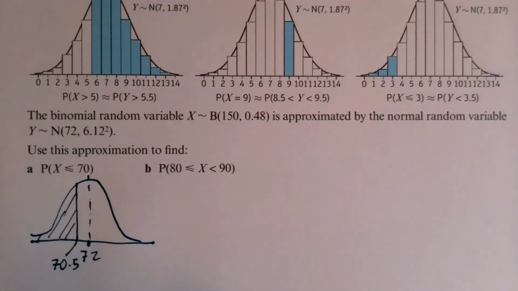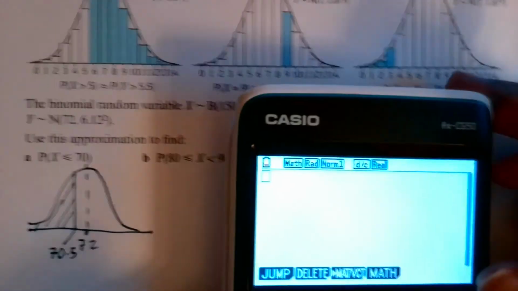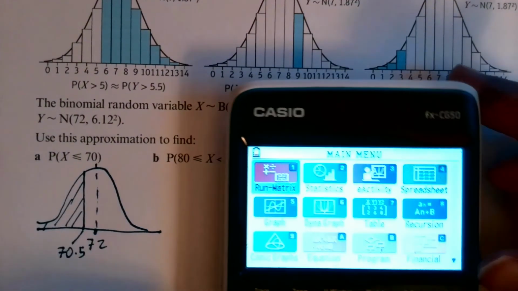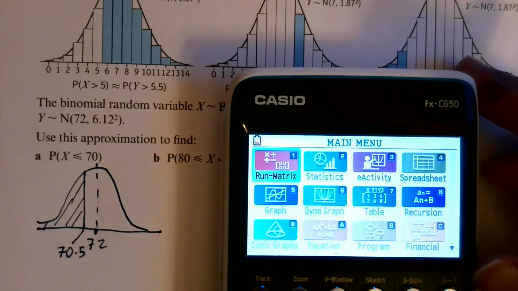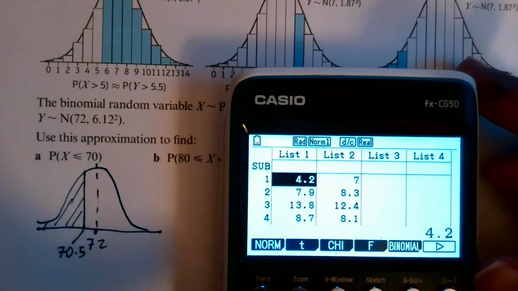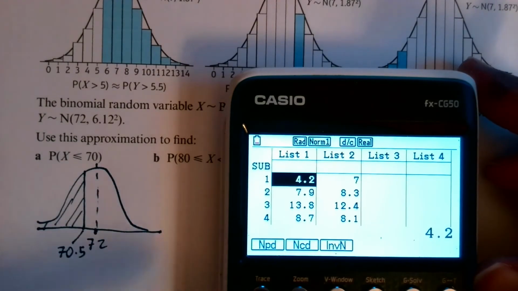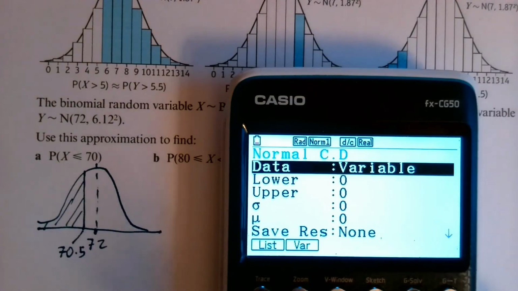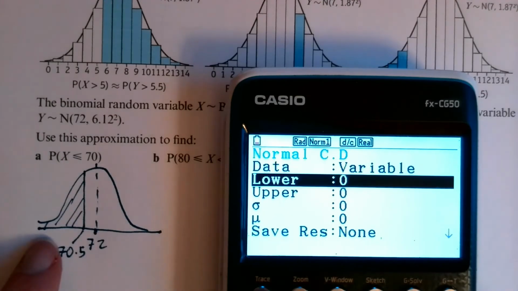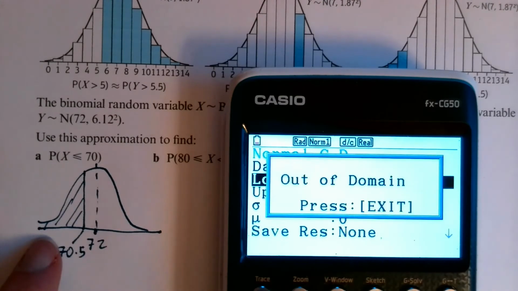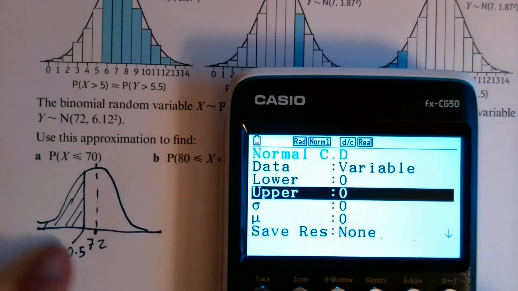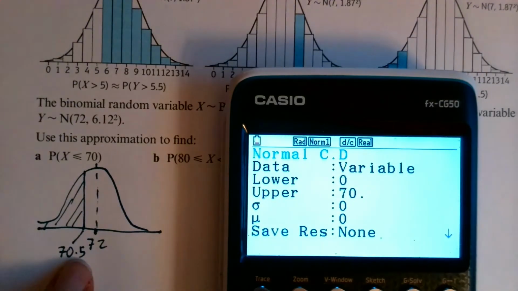So then, if you get your calculator out, what we're going to be looking at is going into statistics mode, distribution, normal, cumulative. Our lower value has got to be 0, hasn't it? Oops, that's too soon. Our upper value is 70.5.